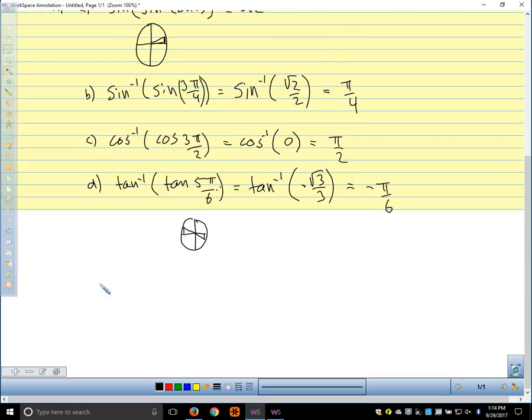All right, let me see if I can trick everyone now. The cosine of the arc cosine of 6. Is it 6? What is it? Not possible. Why?